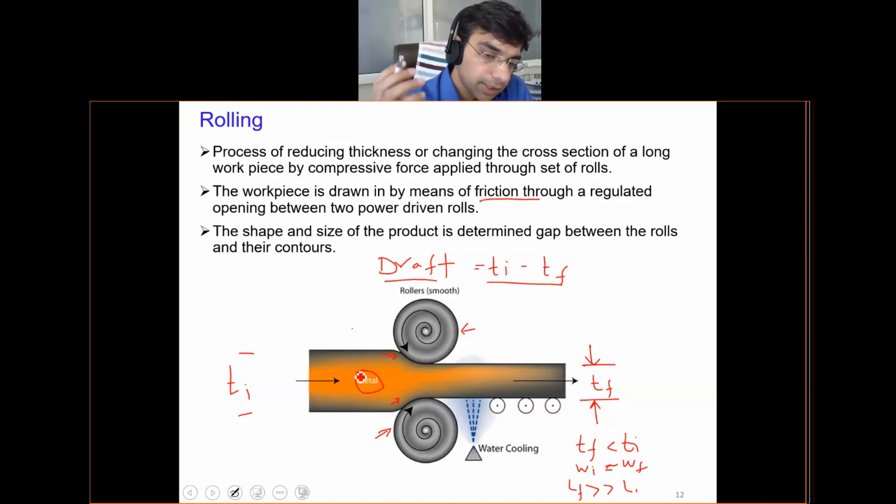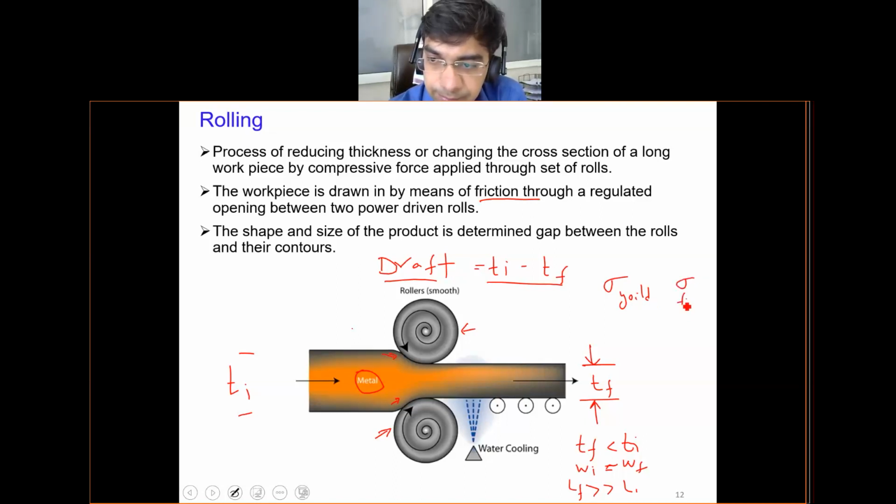And in rolling, there is another important thing: the stress induced by these compressive forces is beyond the yield point, but less than the fracture stress. This means the stress plays an important role only in the plastic deformation zone.